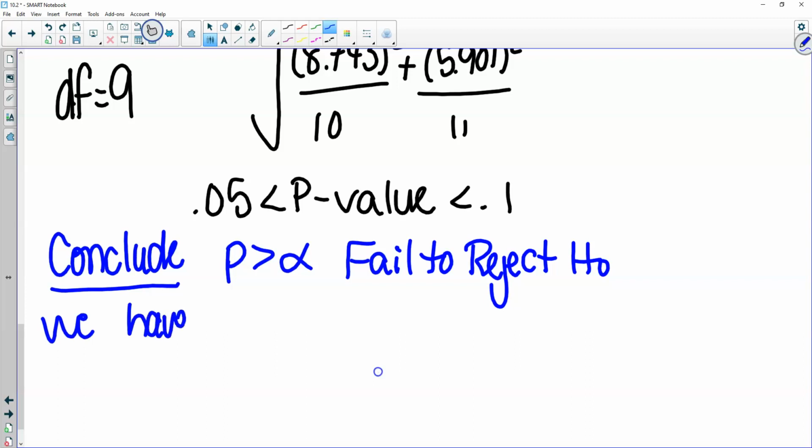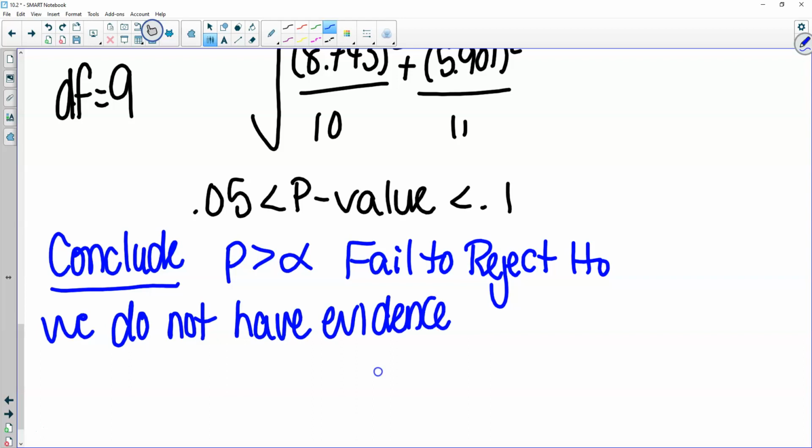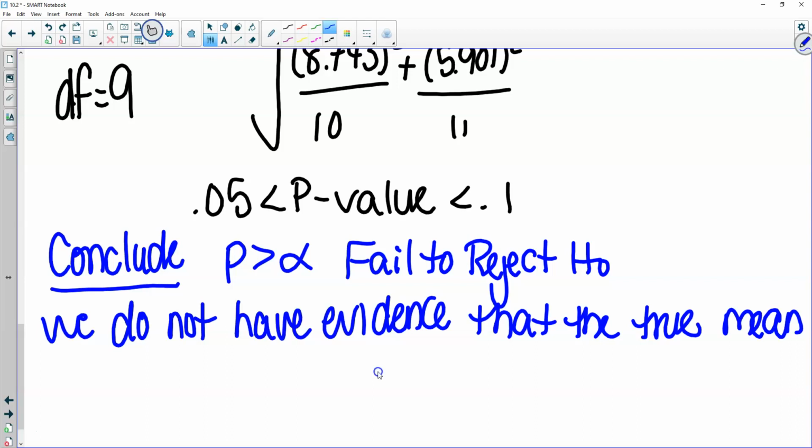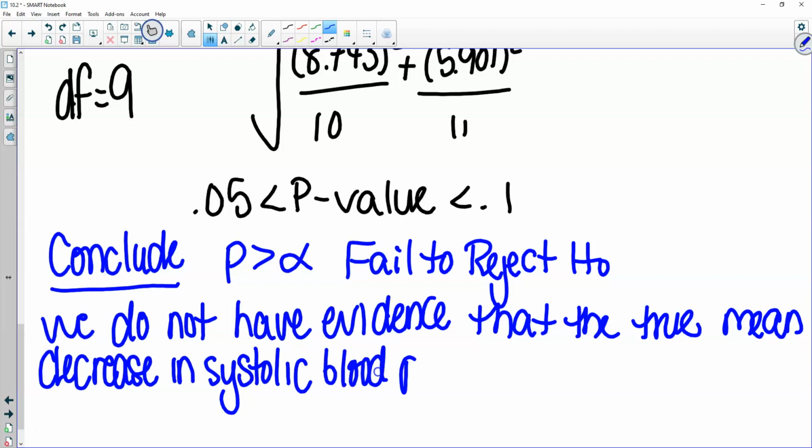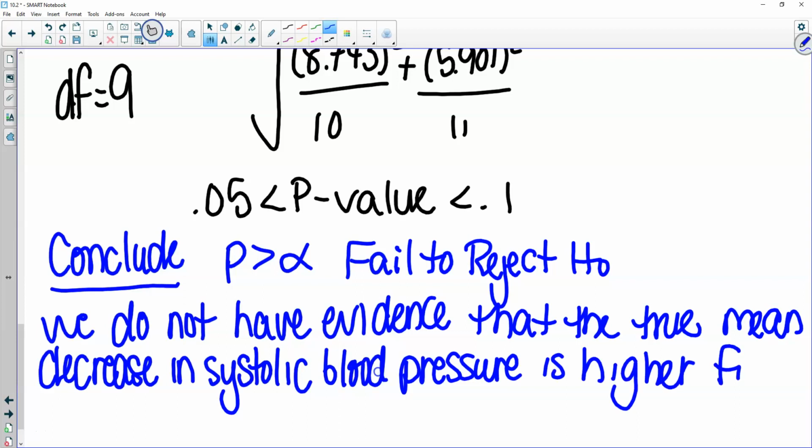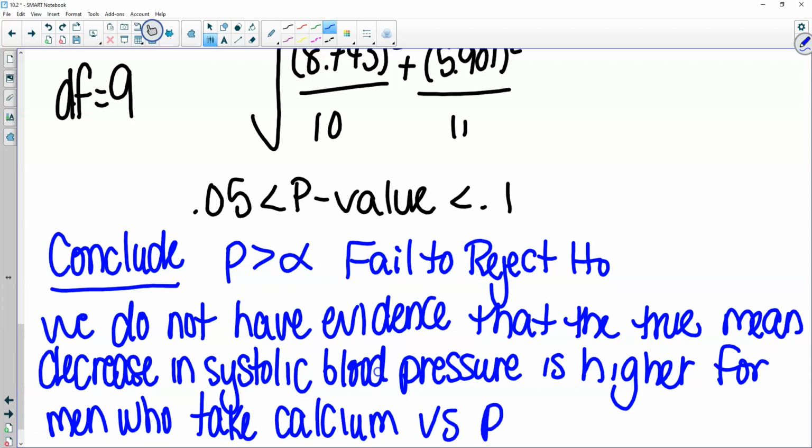We do not have evidence that the true mean decrease in systolic blood pressure is higher for men who take calcium versus placebo.